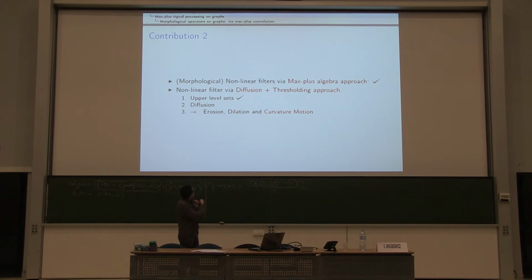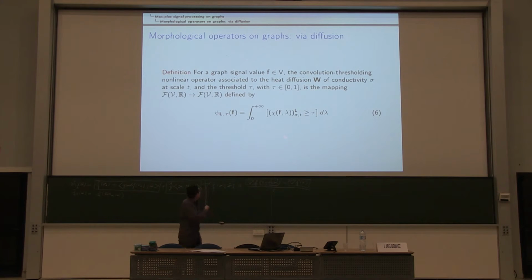The second part is about how we can take advantage of diffusion to define a family of operators. What we already see, we have an upper level set, we already see diffusion. So we define a new operator: we have the signal, we do the upper level set, and in each level set we apply a diffusion. This one is a binary function because it's an upper level set.